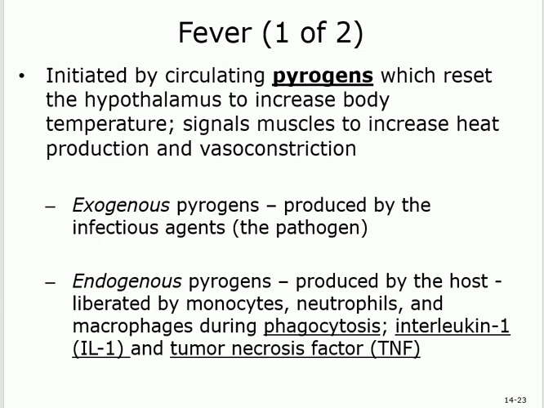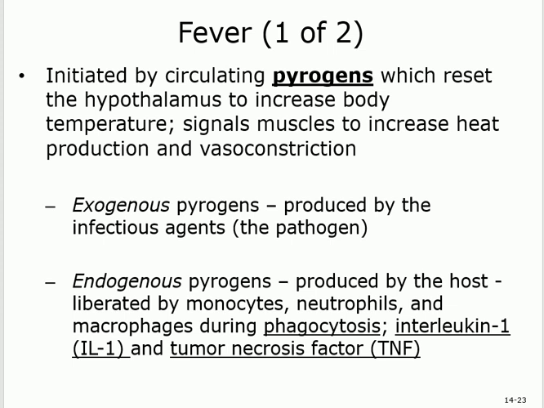Fever. Fever is increased body temperature, right? The agent or the chemical that stimulates the hypothalamus to increase the body temperature is called pyrogens. Pyro means heat or fever.